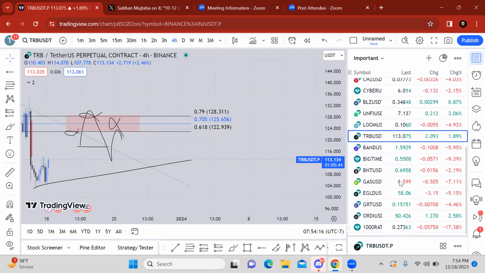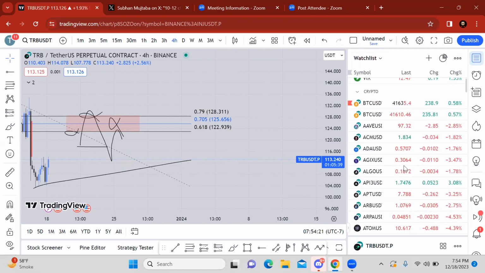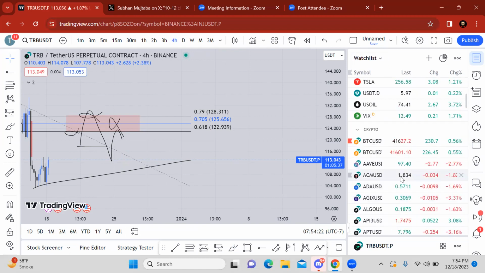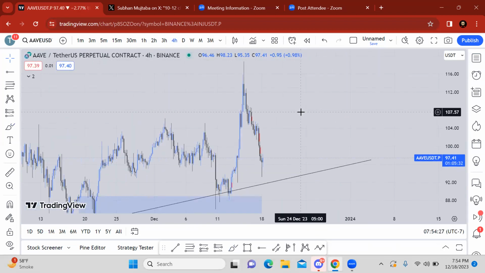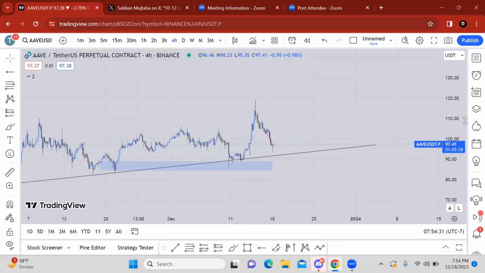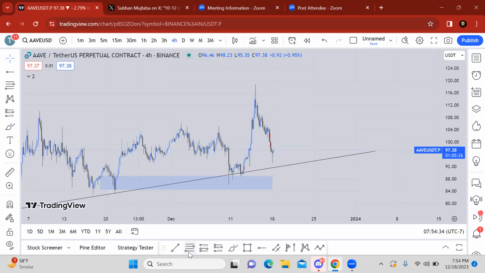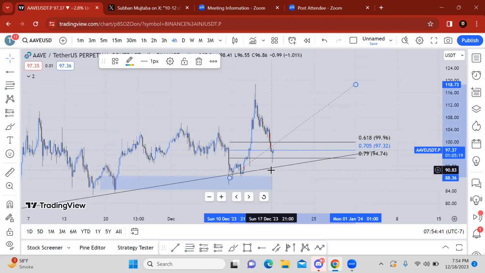Okay, another, what should I chart now? AVAX is also holding this trend line. I have marked already. It is in good zone. So if I simply mark the OTE zone, it is holding OTE with trend line.